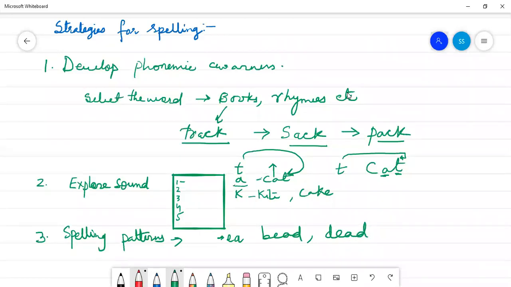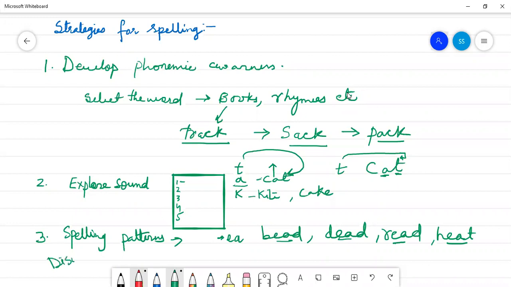Somewhere you can use EA. These are the things where the children can discover spelling patterns.